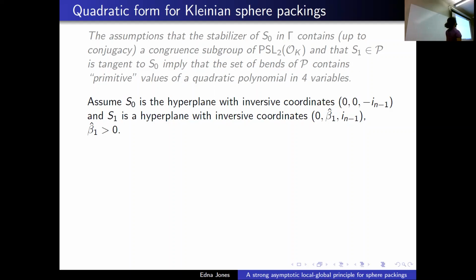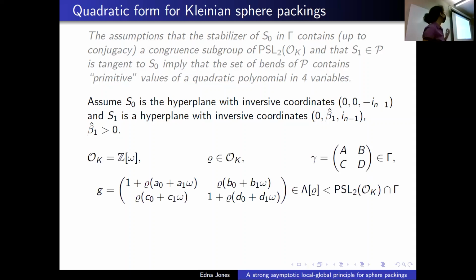For simplicity, we're going to assume that S naught is a hyperplane with inversive coordinates 0, 0, negative i^{n-1}, which we can do by taking our packing and mapping one of the spheres to that. We're also going to assume that S1 is a hyperplane with the inversive coordinates 0, beta 1 hat, i^{n-1}, where beta 1 hat is positive.